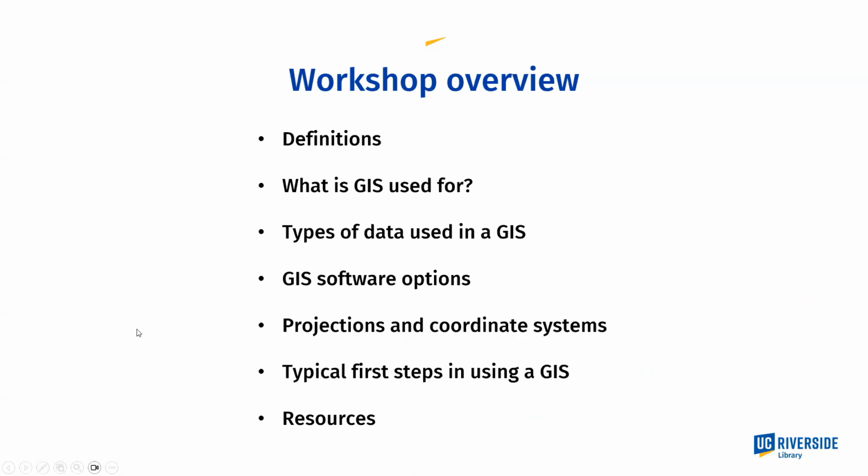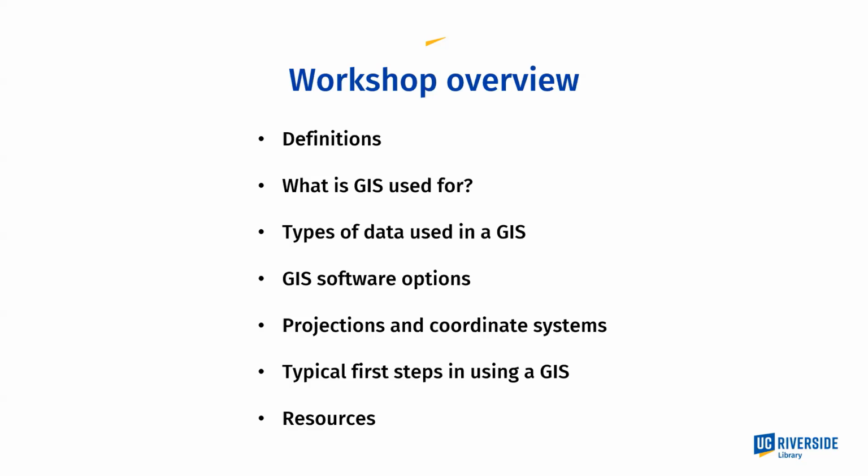So here's an overview of what we'll cover today. We'll start off with some definitions about what is a GIS. Then we'll go on to what is it used for. We'll have some types of data that's used in a GIS. We'll look at some of the software options, the main software options that are out there. We'll talk a little bit about projections and coordinate systems.